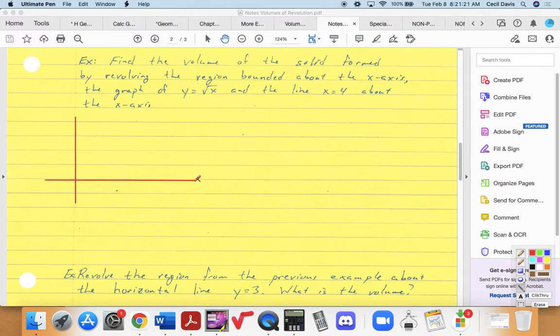Square root of x is all in the first quadrant anyway. So y equals the square root of x looks something like that. The x-axis is down here. X equals 4, somewhere over here. So that's my region.